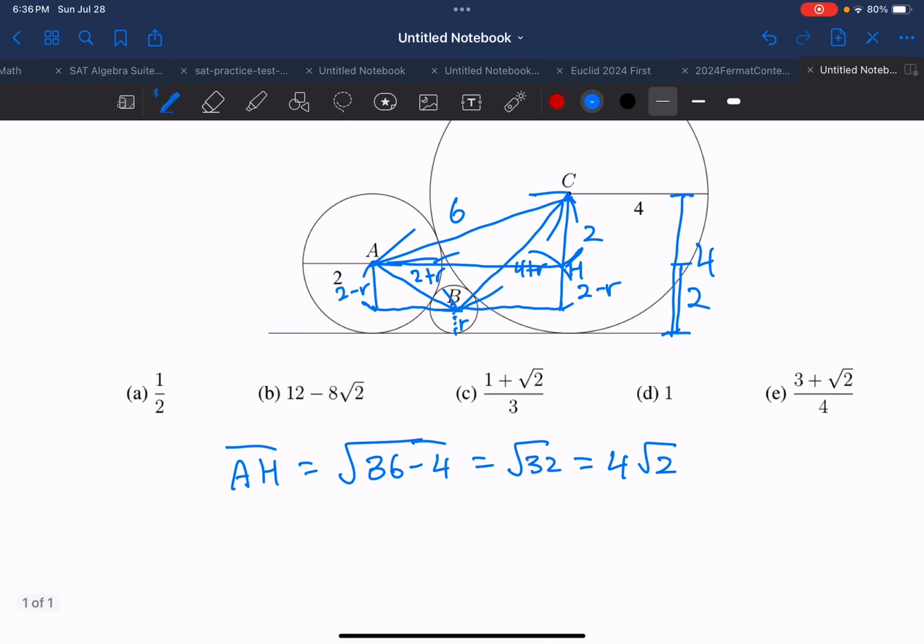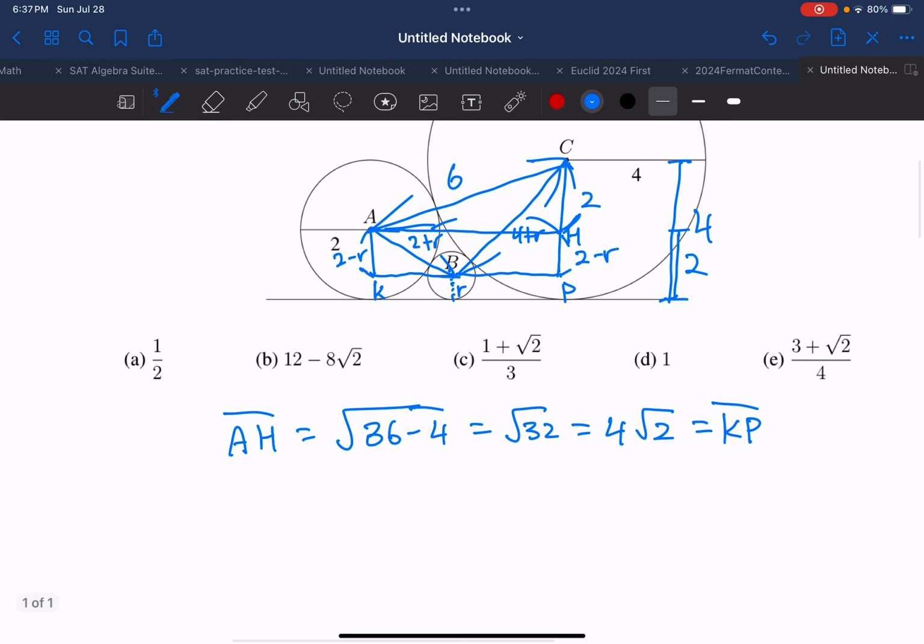That means that the length here, let's call it K and P. The length of K is also equal to the length of KP. It is the same thing. And let's call this point O. We could find the length of KO, because KO plus OP would equal KP.